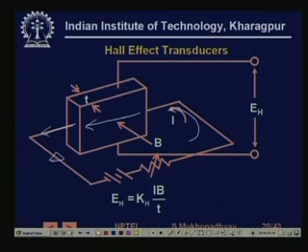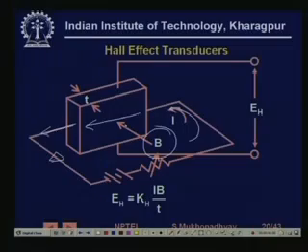Now on a perpendicular axis there is a magnetic field applied, and the flux density going through the semiconductor is B. It turns out that if you send a current in one direction and apply a magnetic field in a perpendicular direction, then along the third direction some potential difference will be developed.